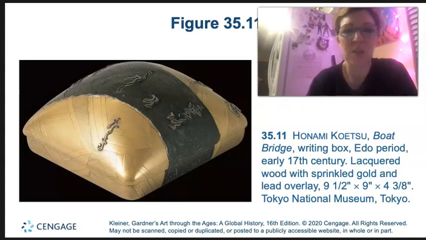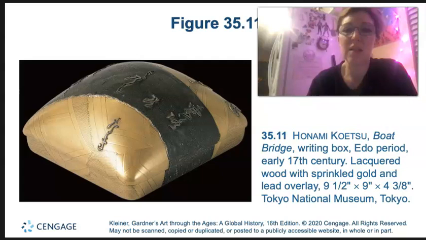Gold is bright. This lacquer writing box, called Boat Bridge by Hanami Koetsu, is an example of the Rinpa school. Hanami Koetsu was a talented Edo calligrapher and ceramicist who also designed lacquer objects.